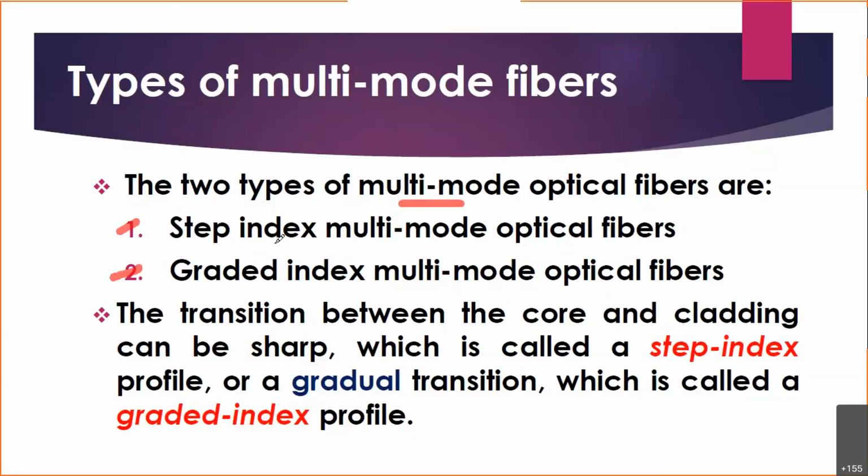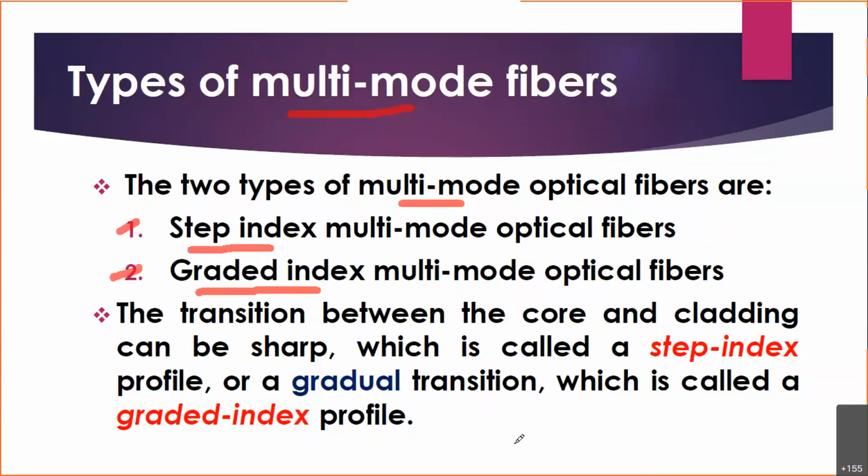No need to worry, either you can classify it under multimode as step index and graded index, or in some books the same thing is given based on the refractive index. Both are almost the same. So you see step index multimode optical fibers and graded index multimode optical fibers. If you go through the naming itself, why we say step index and why we say graded index, I will come to that.